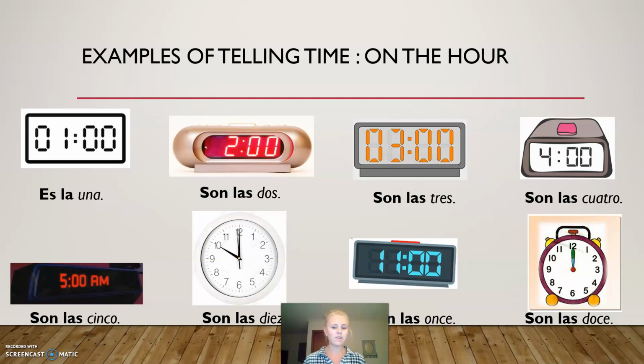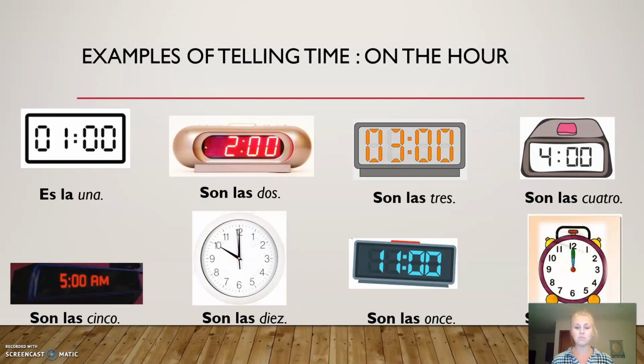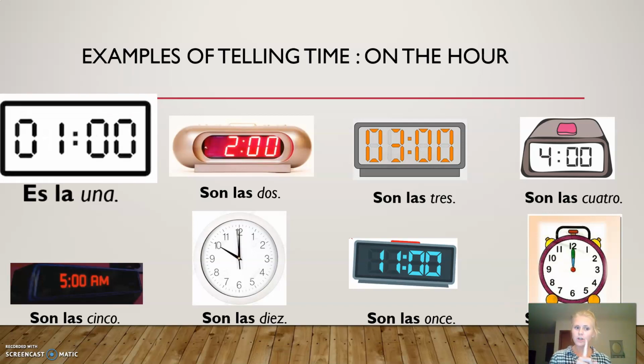Is there any of these that stick out as different than the other ones? Hopefully you can see that the 1 o'clock hour is a little bit different. That's because the word es is actually a singular conjugation of the verb, where son is the plural. So because 1 hour is singular, you're going to use es.